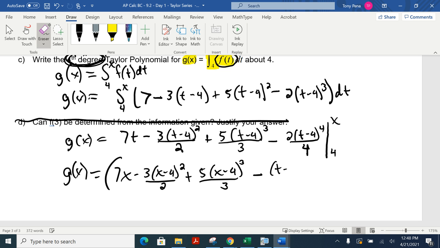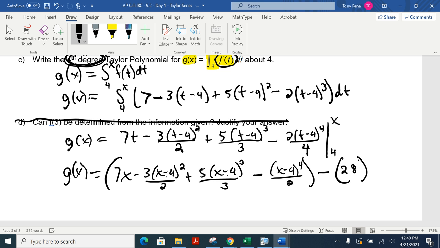As we do this, the 2 and the 4 will reduce down. Minus, throw in your lower limit. The lower limit's actually nice. 7 times 4 will give you 28. But then any other one, when you throw in the 4, notice how those will all zero out. So the only thing you're going to get is a 28.